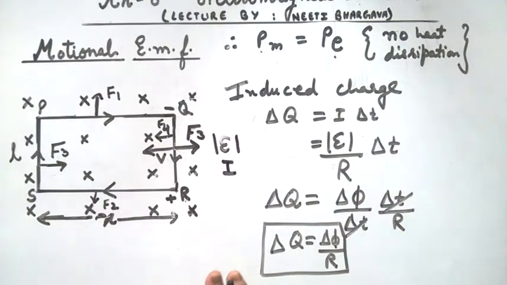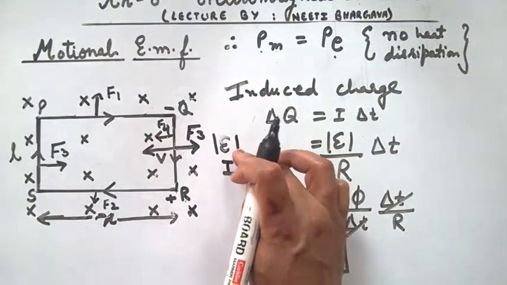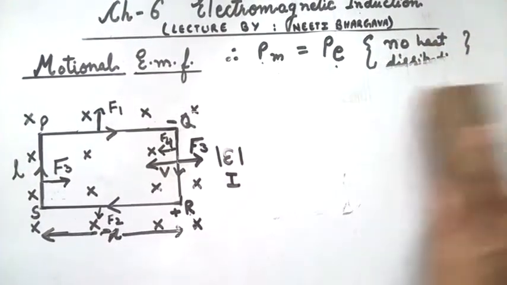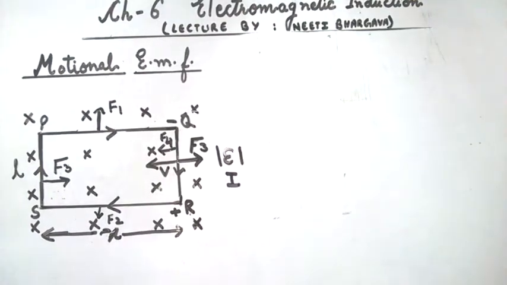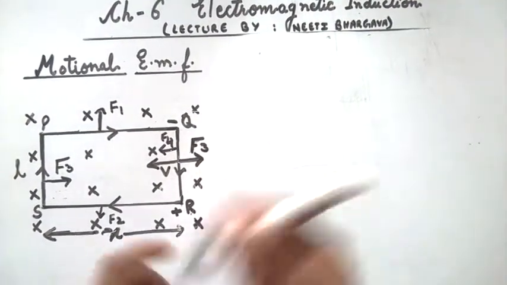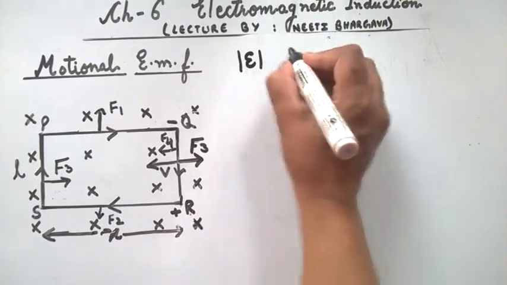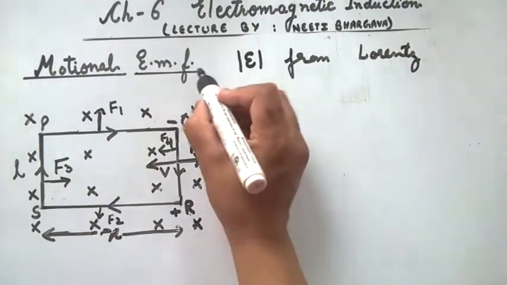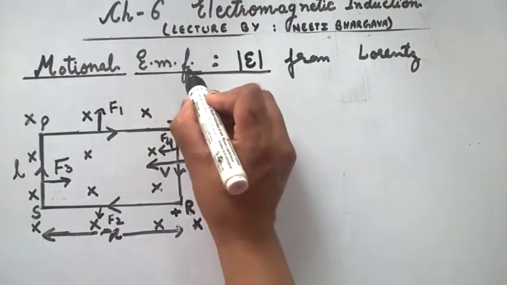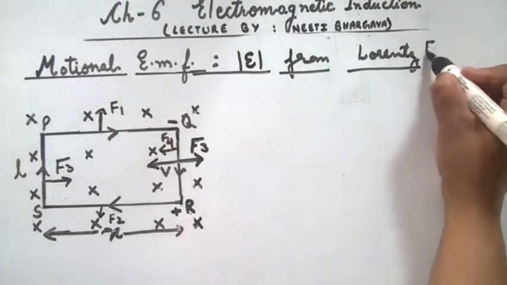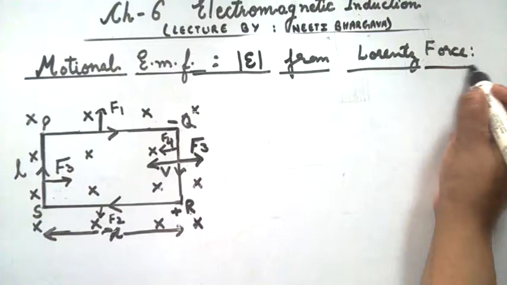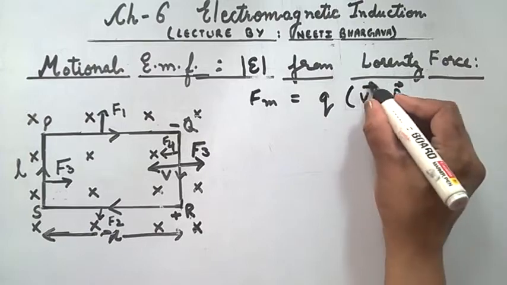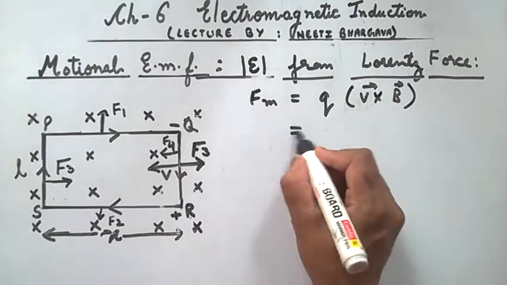Now let's find the value of induced EMF by Lorentz force. Thus, motional EMF from Lorentz force: Fm equivalent to Q V cross B, and the angle between velocity and magnetic field here is 90 degree.